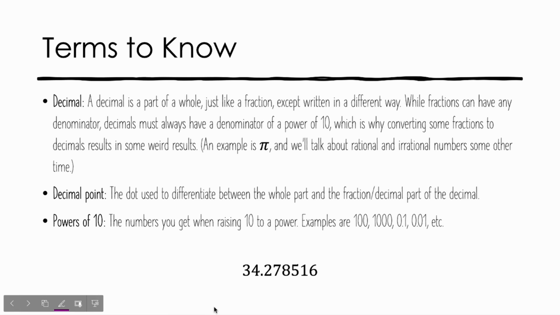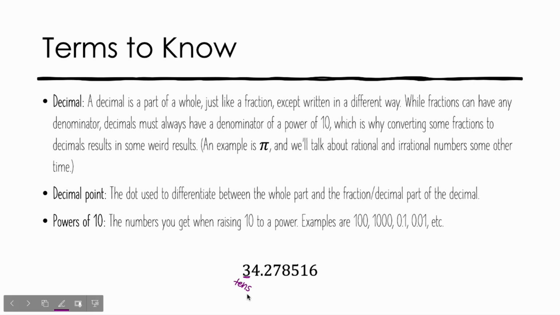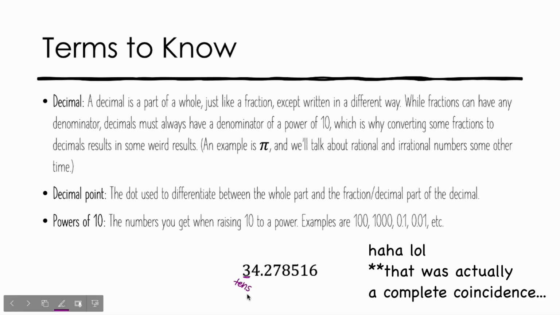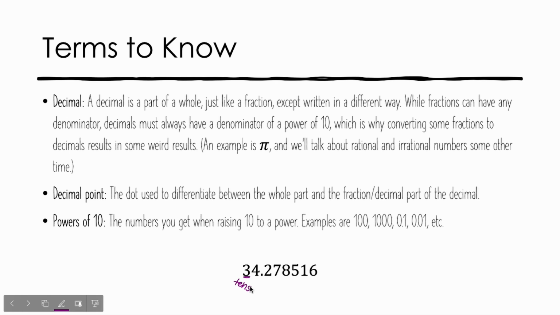So let's label the places. Here, 3 is our tens place. This is the whole number. And if you're asking me why isn't it the ten millionths place, it's because, again, everything before this decimal is the whole part.